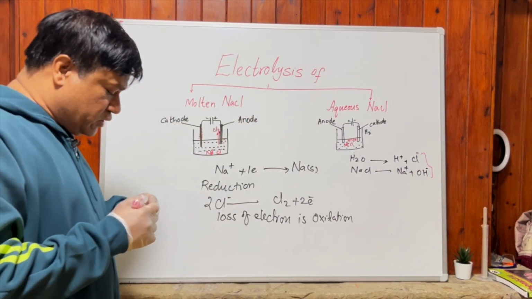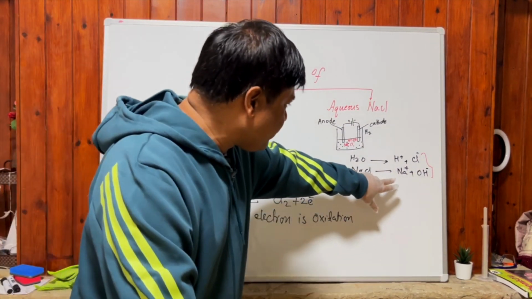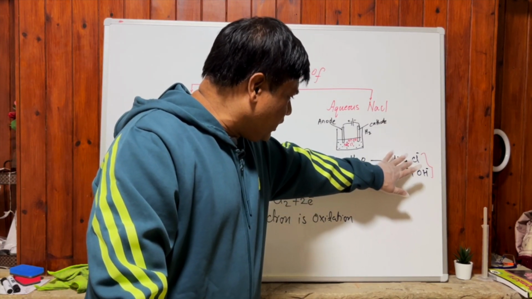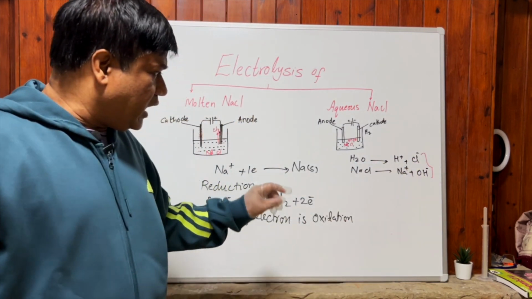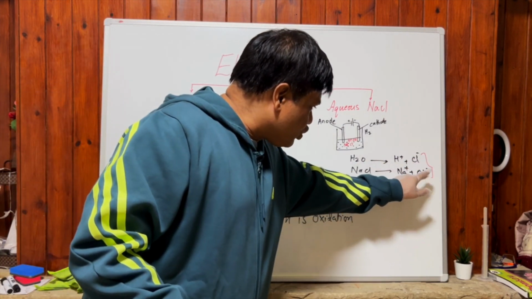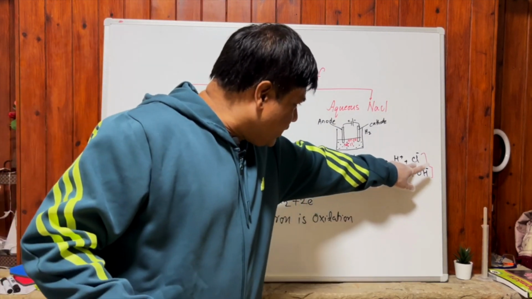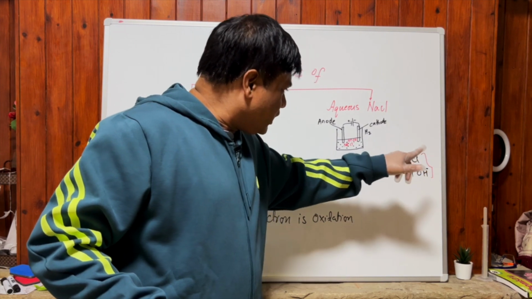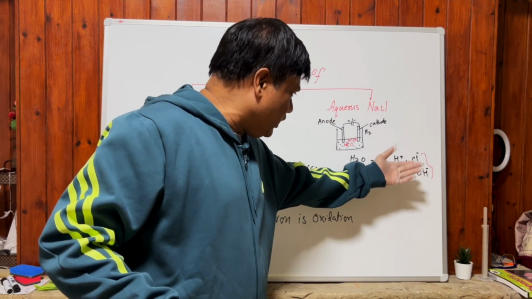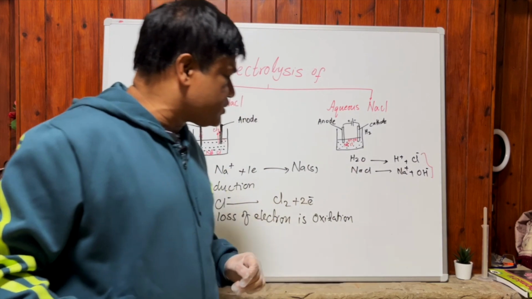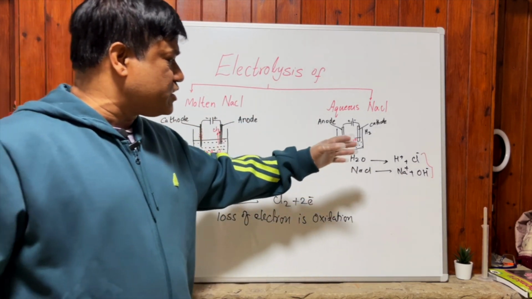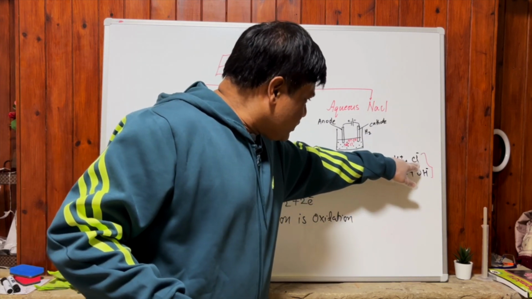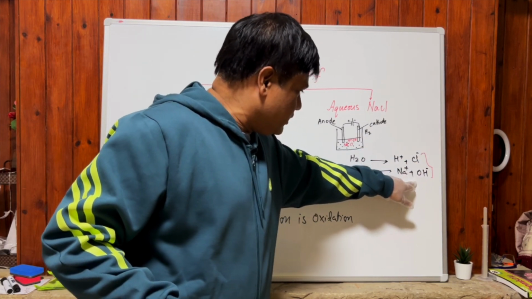Remember that whenever we have a non-metal ion with a negative charge in comparison with the hydroxide ion, the non-metal negative ion will be discharged as a gas, like chloride will be discharged as chlorine gas, like bromide will be discharged as bromine gas, rather than oxygen, because this is a lighter ion and this is a heavier ion.